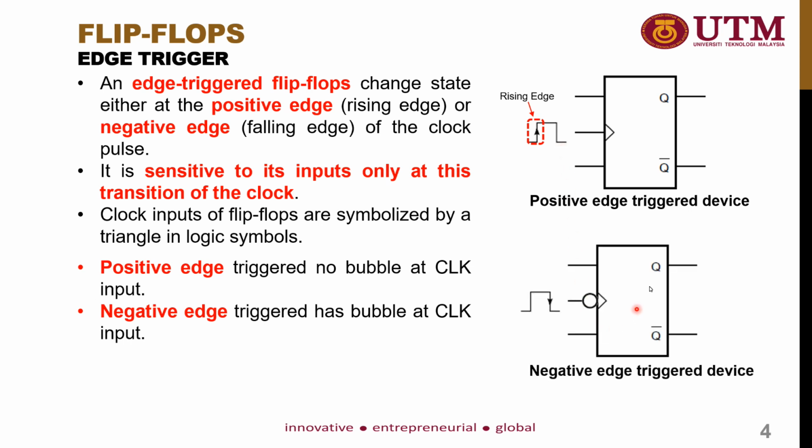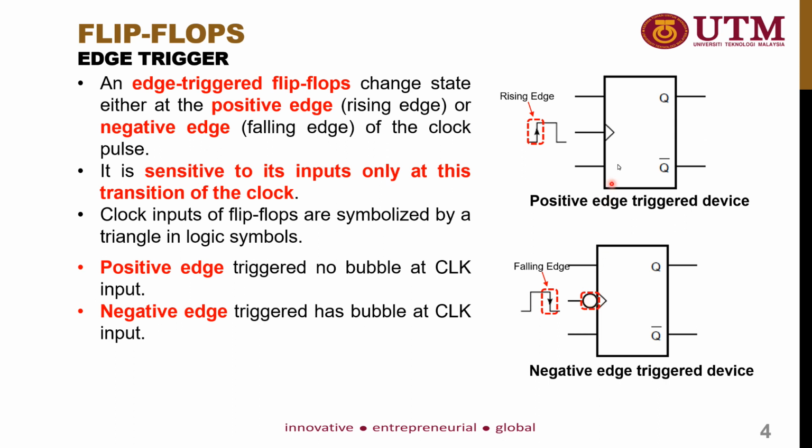Okay, and if the flip-flop block has a triangle and also a bubble at the clock input, it is a negative edge triggered device. So it is falling edge and it has a bubble.